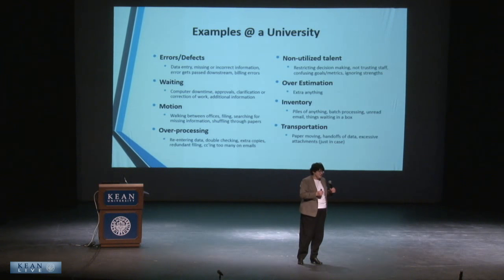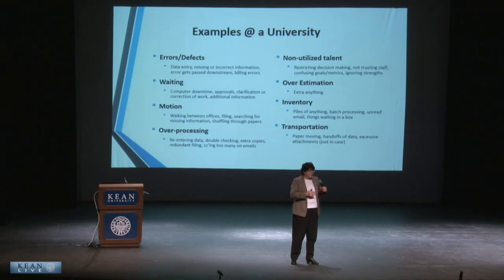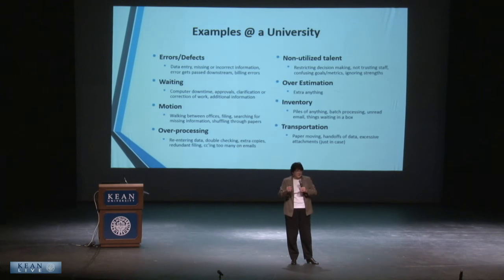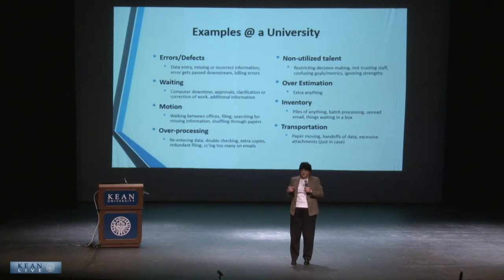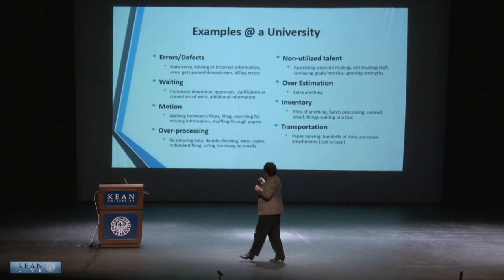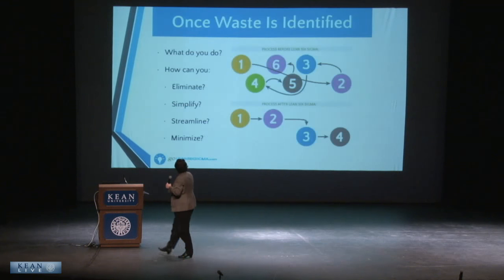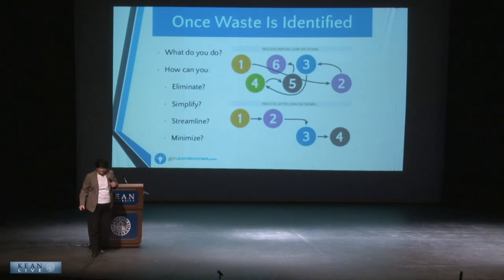So batch processing might be, okay, you're folding all the letters first, and then you're stuffing the envelopes. Instead of taking the list, labeling the envelope, folding the letter, and putting it in, you're touching it once all the way through the process. They've actually done multiple studies and found that batch processing really doesn't work when it comes to efficiencies. Okay, back to waste.